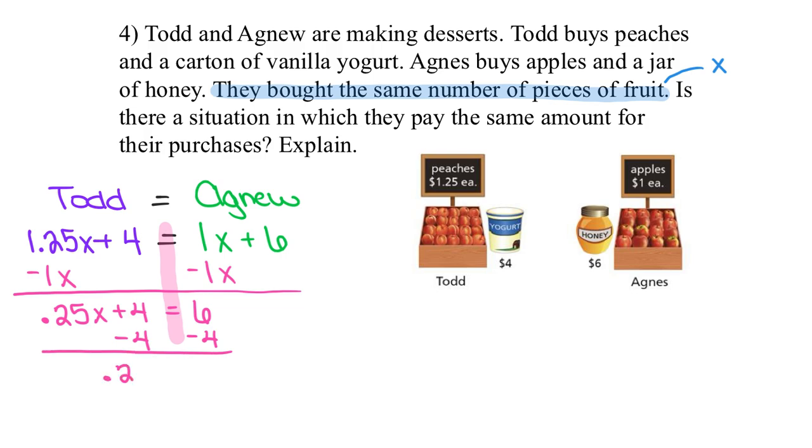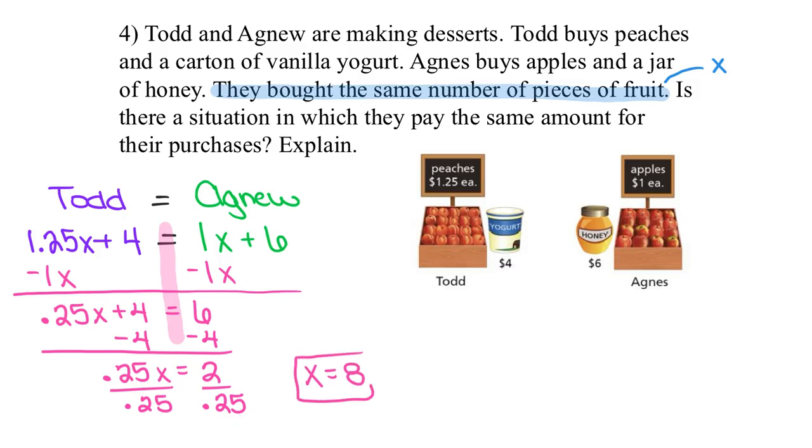So I have 0.25x equals 2. Okay. And x is 8. So what does that tell us?